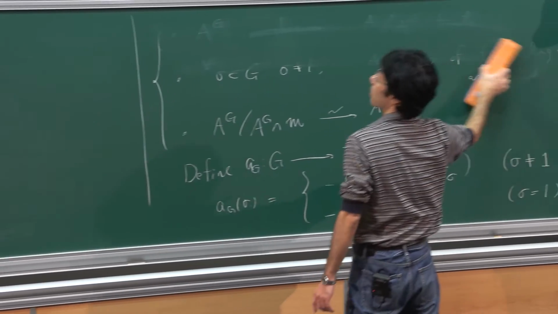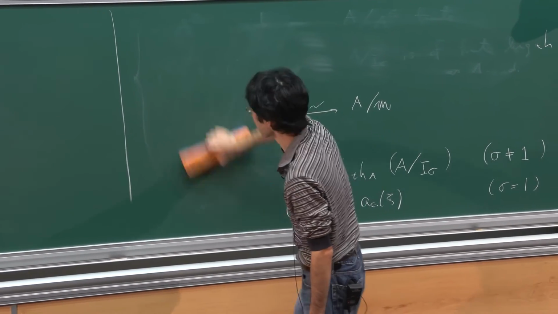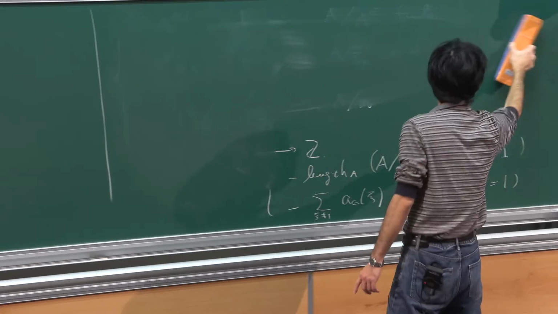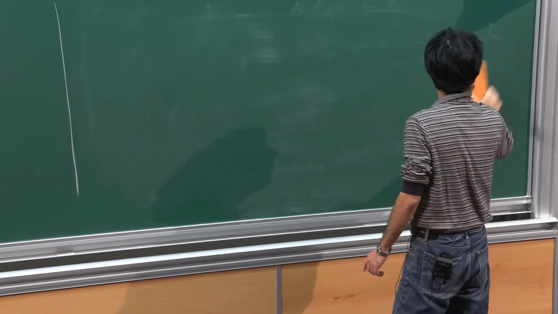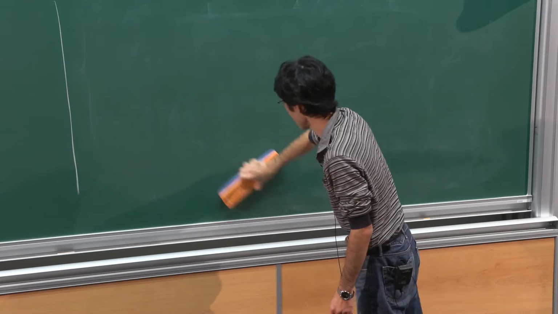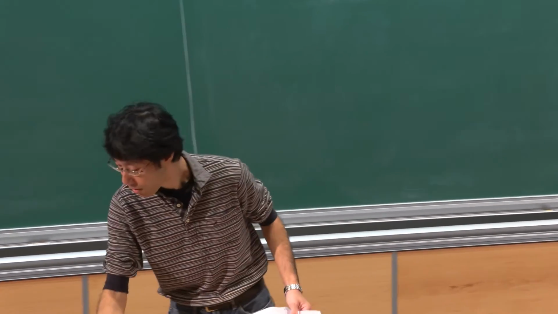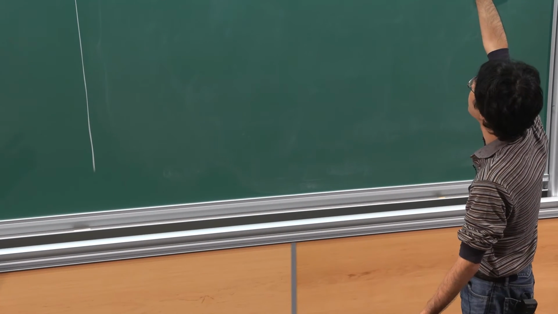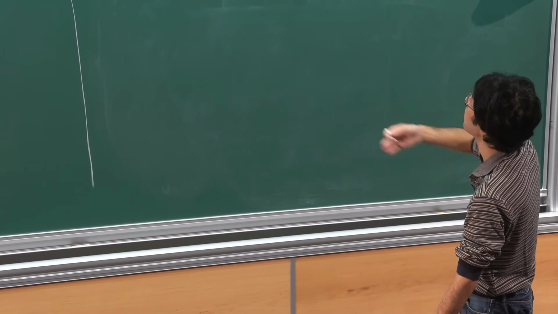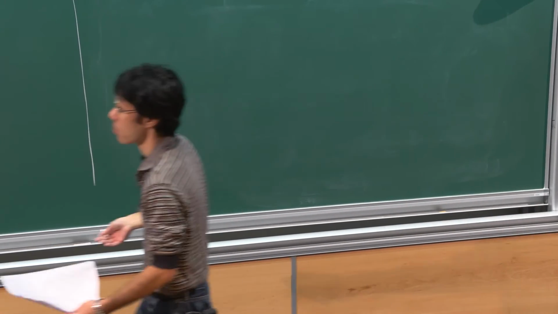So I use these two ingredients in the proof of a theorem. The idea is that the theorem of Liu and Zhang is sort of a continuity property of this.